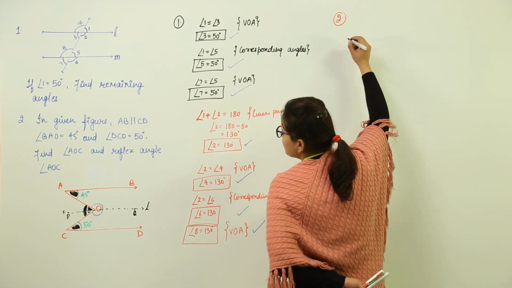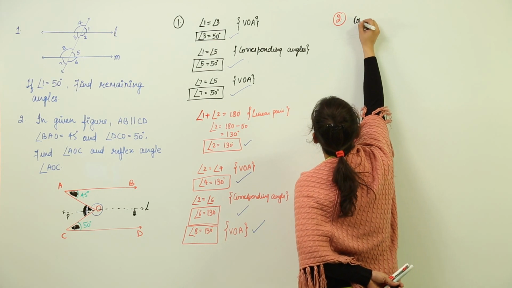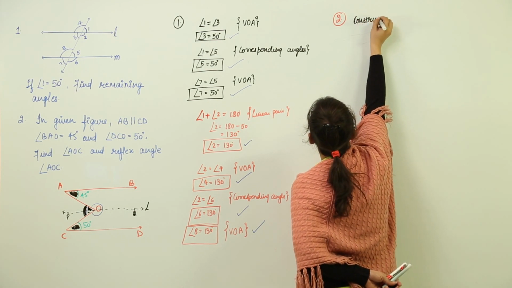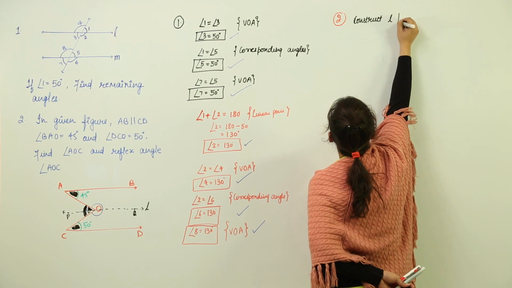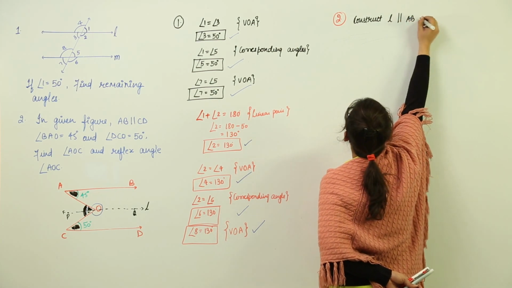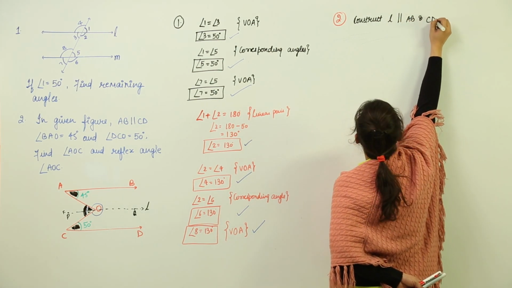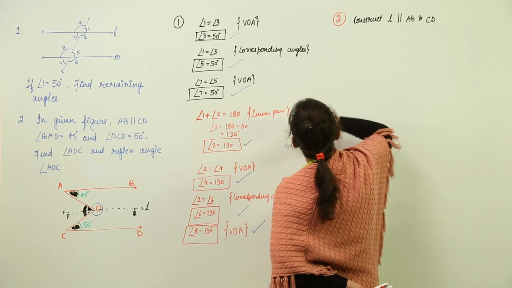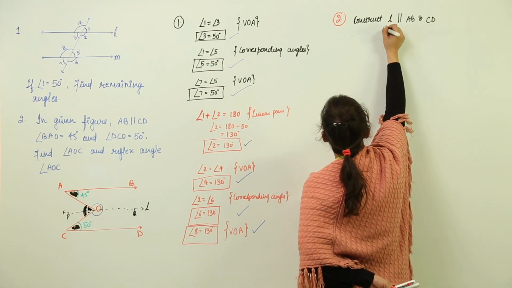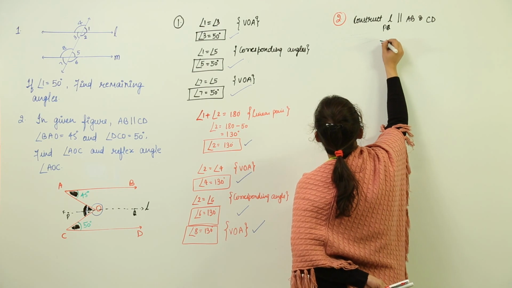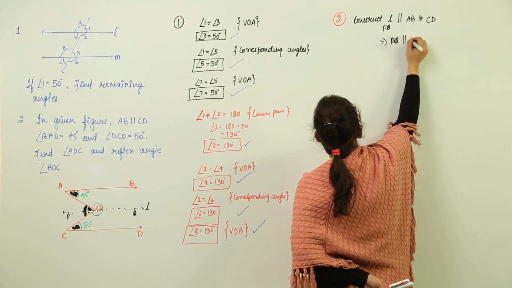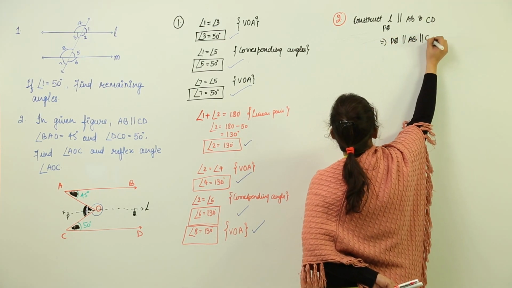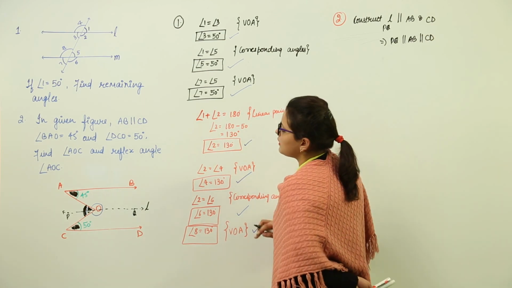For the first step, we'll write over here, we have constructed a line L parallel to AB and CD both, due to which we have got, you can name it as L or you can write it as PQ, right? So we'll write over here PQ parallel to AB parallel to CD. Now we have the three parallel lines.